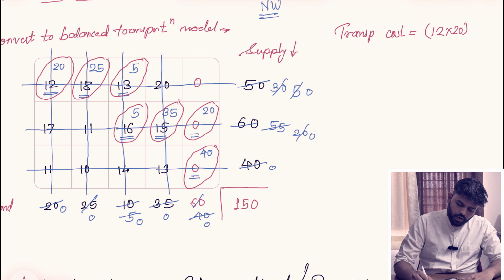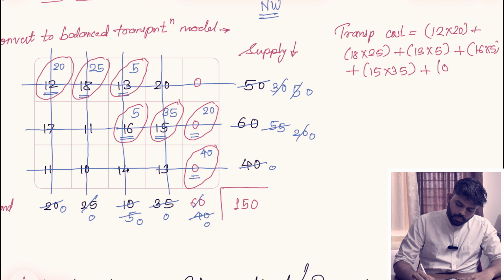Okay, we can write down the total transportation cost as 12 into 20 plus 18 into 25 plus 13 into 5 plus 16 into 5 plus 15 into 35 plus 0 into 20 plus 0 into 40.